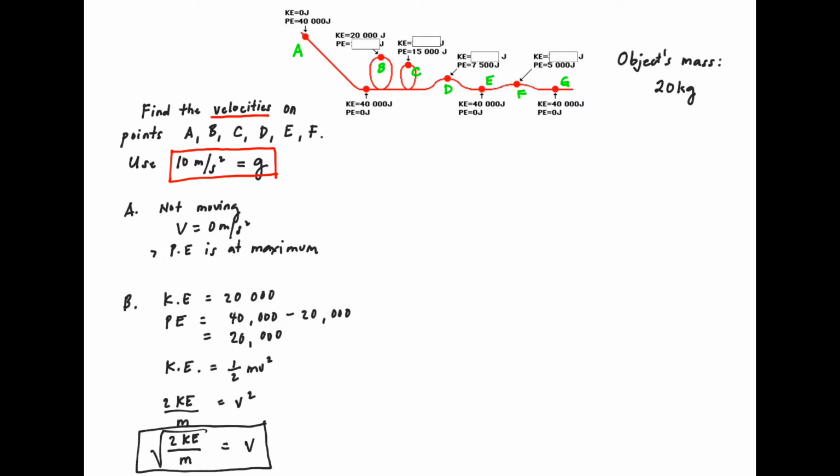Plugging in now the equations, we have velocity is equal to square root of 2 times 20,000 divided by the mass, which is 20, and then therefore the answer here is 44.72 meter per second.